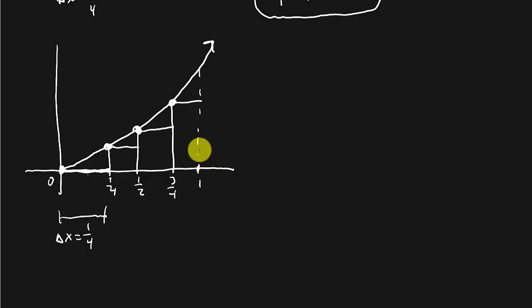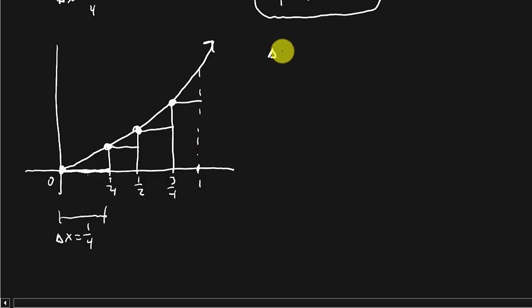All right. So we know the width is 1/4. We calculated that when we did the right endpoints. Now we need the heights of each rectangle. So this time we're going to this x value, this one, and this one. And so here we've got y of 0 is equal to 0 squared. That's this one. And then for this rectangle, its height, we plug in the 1/4.